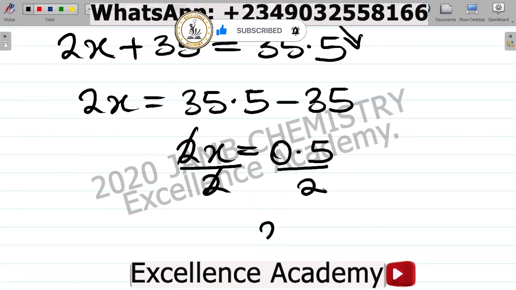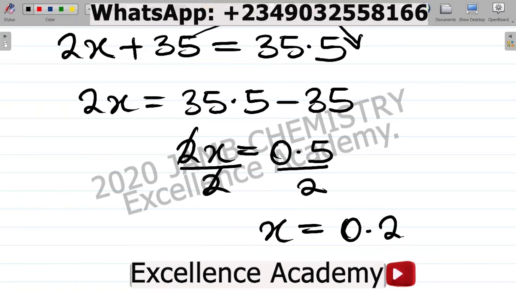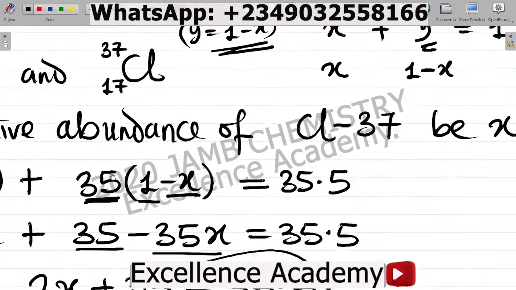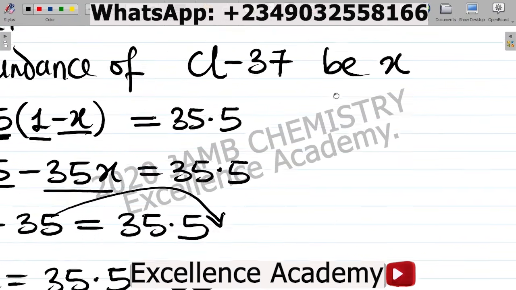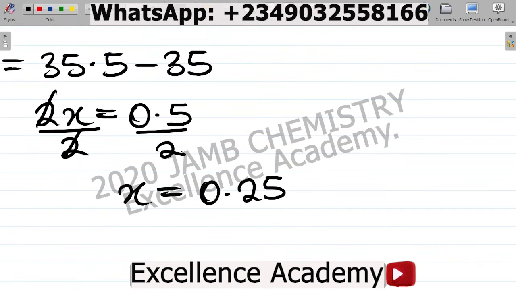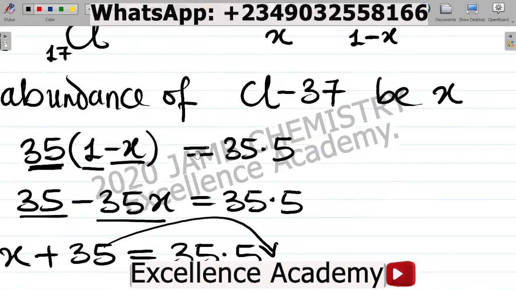This cancels this. So x is equal to 0.5 divided by 2, which gives you 0.25. So hence, recall that x represented the relative abundance of chlorine 37, which we've gotten here as 0.25. Your final task is to multiply this by 100%. Remember that we converted this to 1.